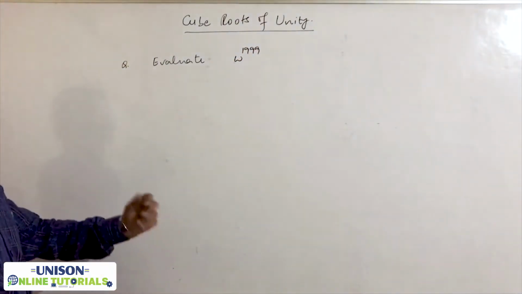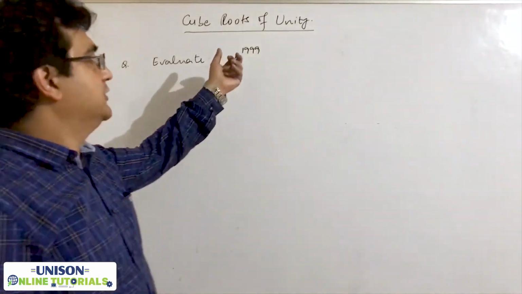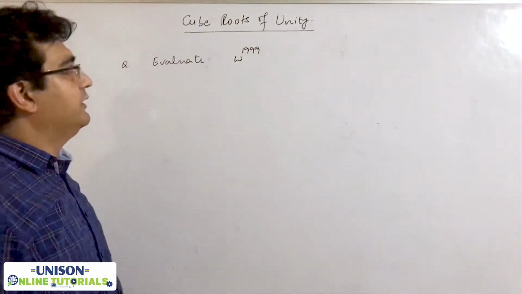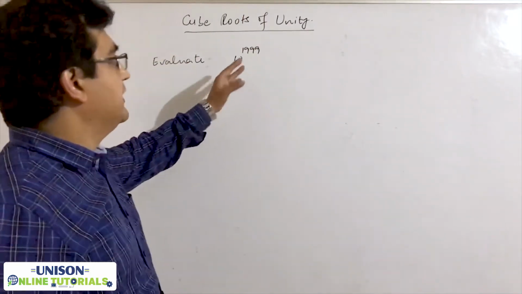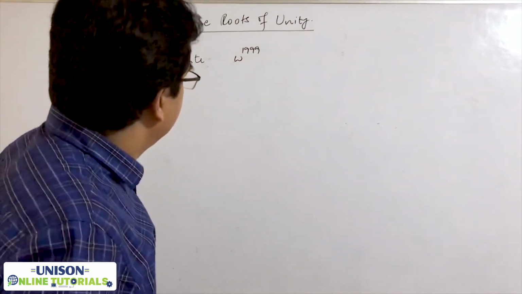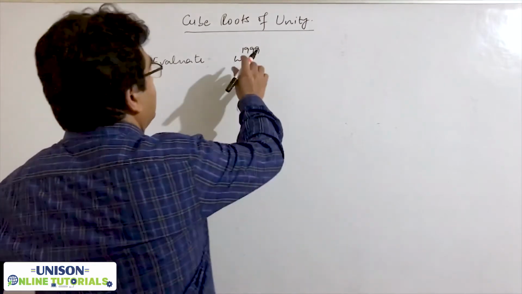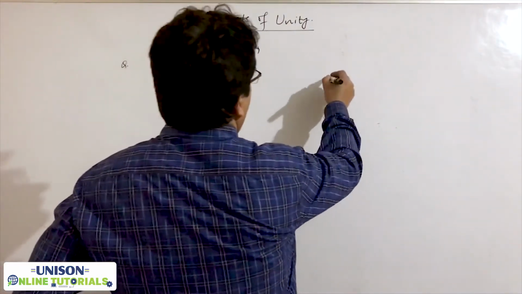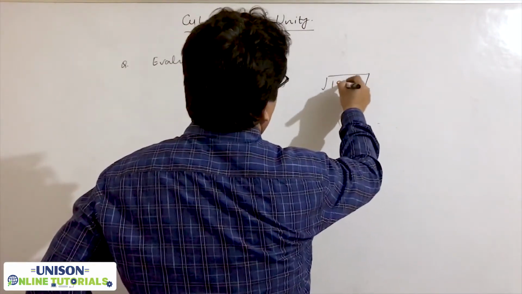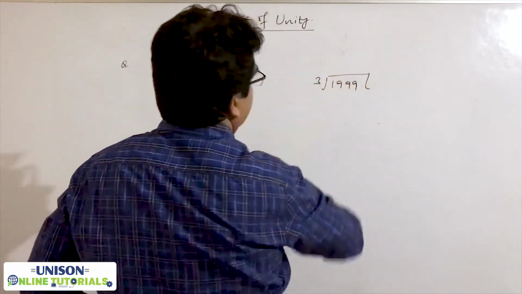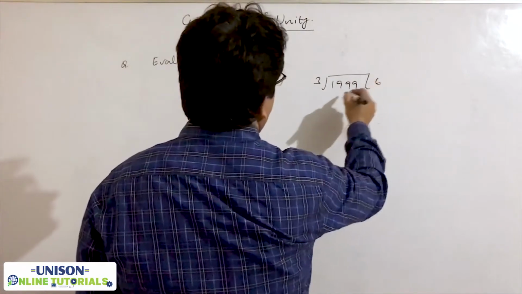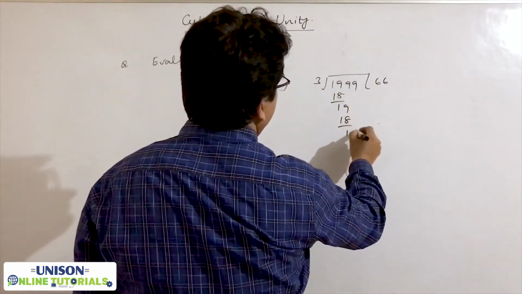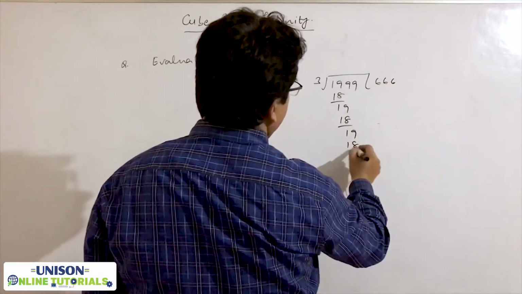We have to find the value of omega power 1999. So how to find the value of omega power 1999? Now we know omega cube is 1, so let's divide 1999 by 3. 3 times 666 is 1998, and the remainder is 1.